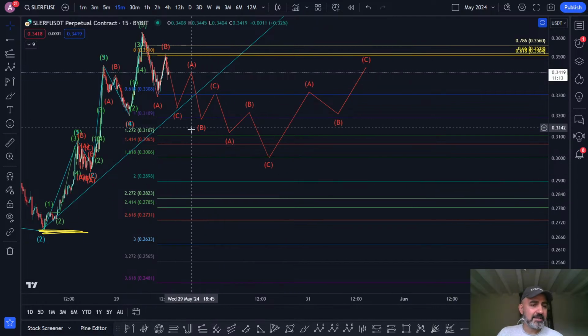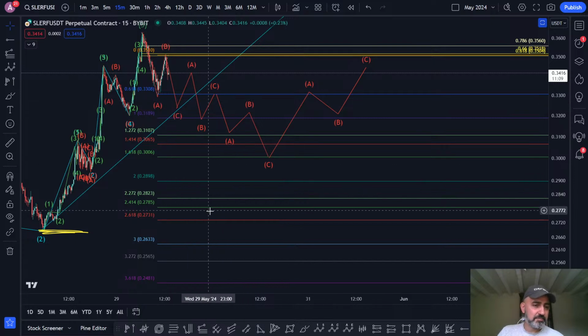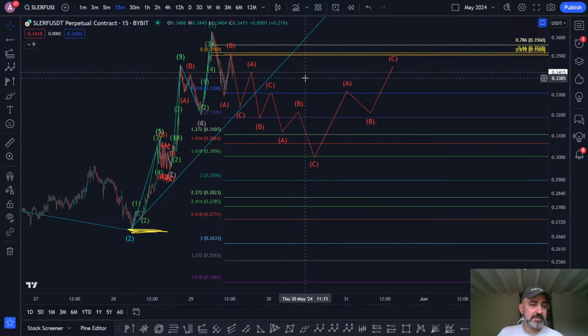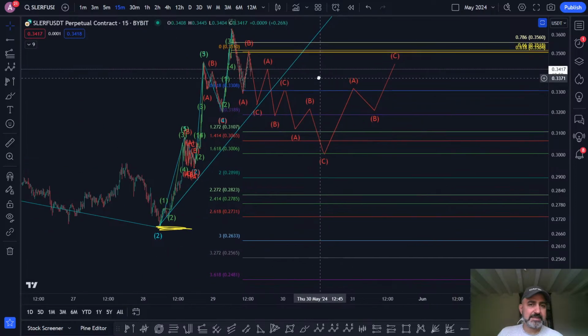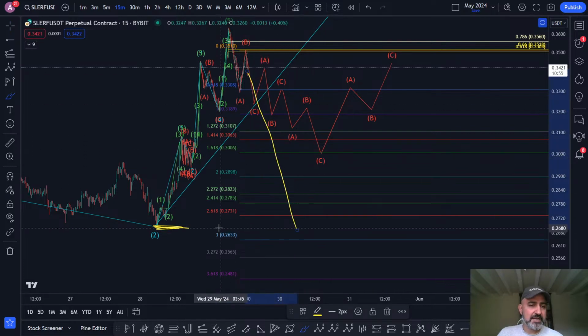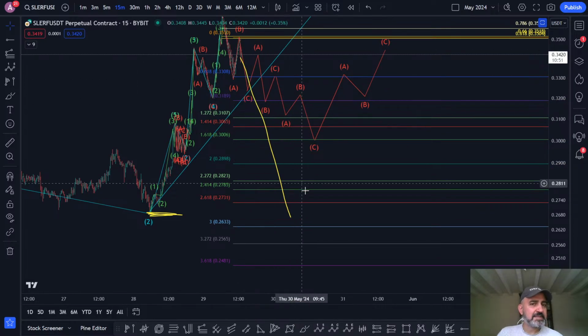If you're buying, you'd have to have a really wide stop, and by the time it's down here, wherever it gets to, if you keep on buying, you could be underwater for a long period of time. In the worst case scenario, the price goes all the way down and puts in the low, you'll get liquidated, and actually you should have been selling.